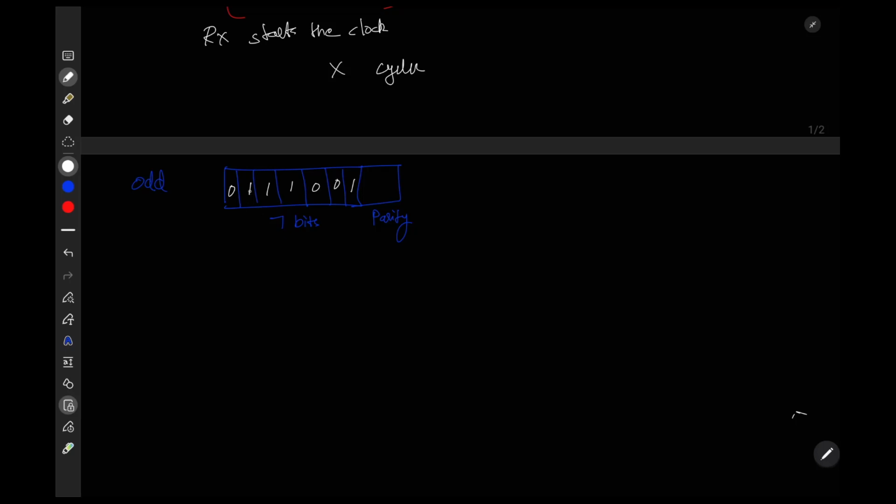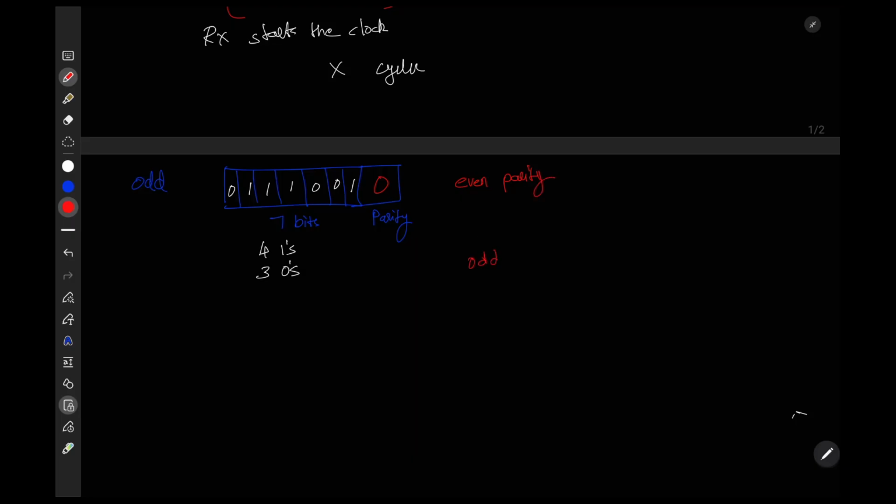So here the data has 4 ones and 3 zeros. Suppose you select even parity. The parity bit will be selected such that the total number of ones is even. Here there is already an even number of ones, so you don't need a 1 here, you need a 0. So parity will be 0 in case of an even parity.